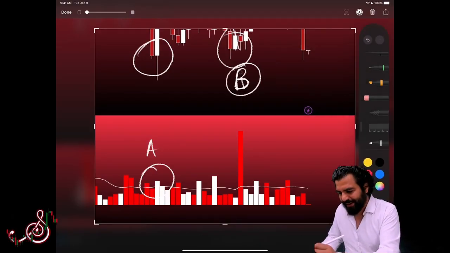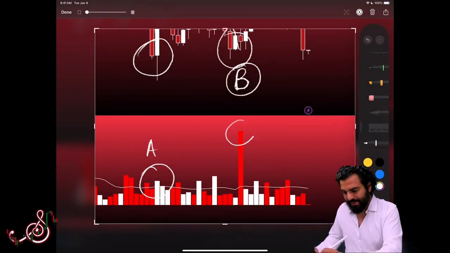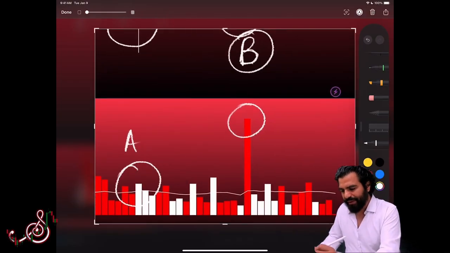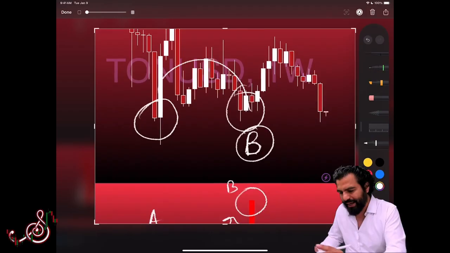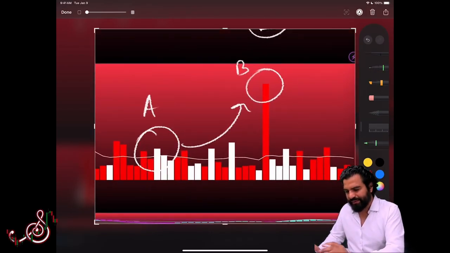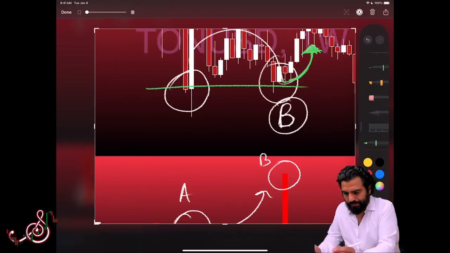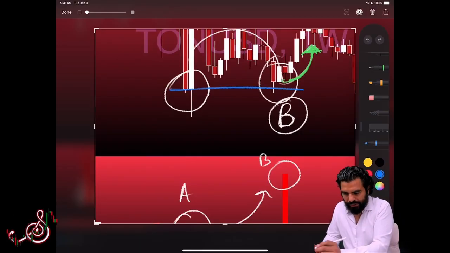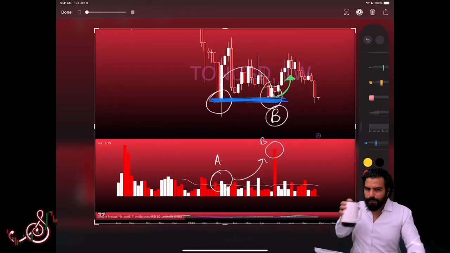I was absent the day they taught numbers, so break. If we come down to area B and the volume is increased, what is supposed to happen next if we go up? If we go up and the volume has increased at this support, what's supposed to happen next?